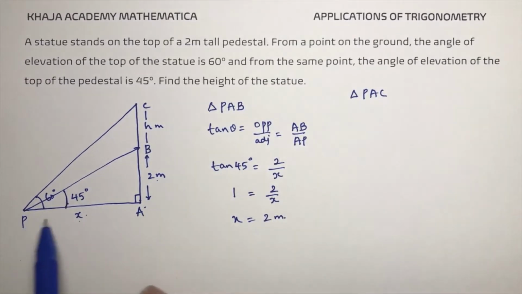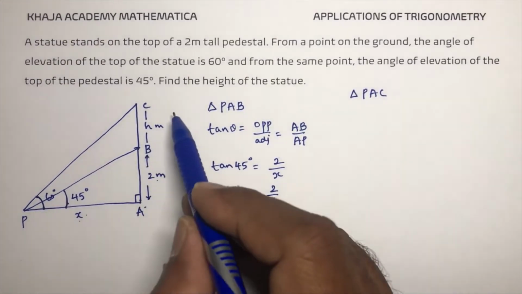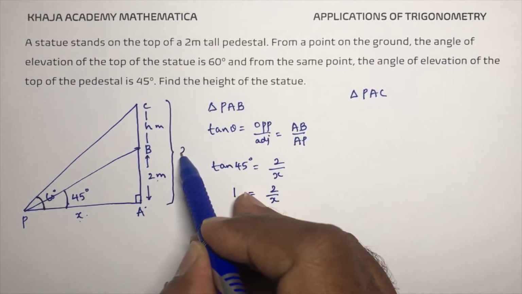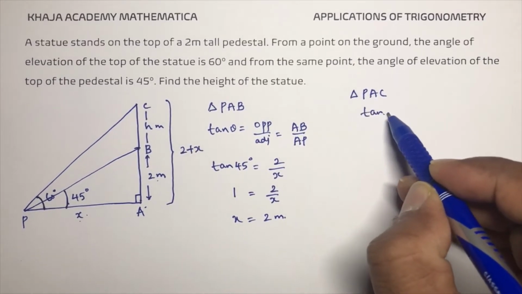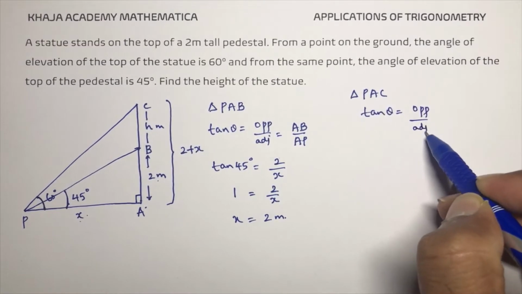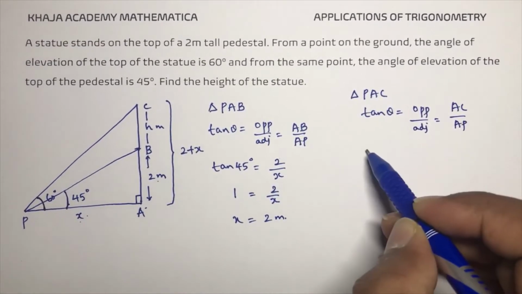Now in triangle PAC, theta is 60. Opposite will become AC. So AC value will be 2 plus h. So tan theta is opposite by adjacent. Opposite is here AC, adjacent is AP.